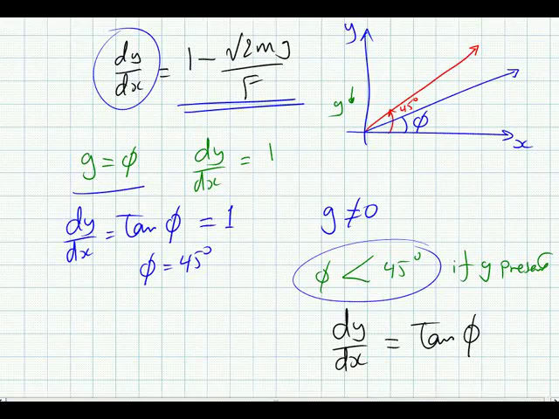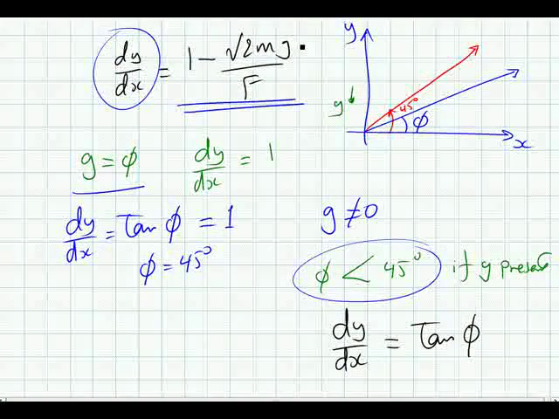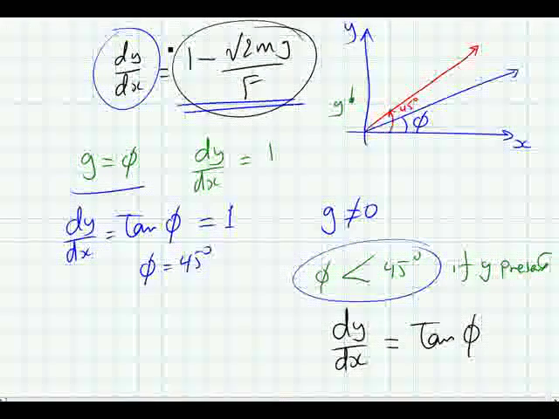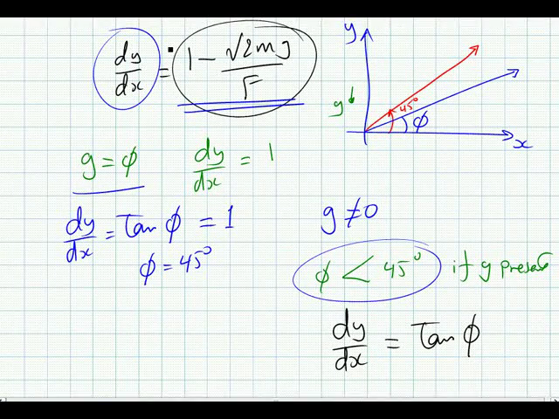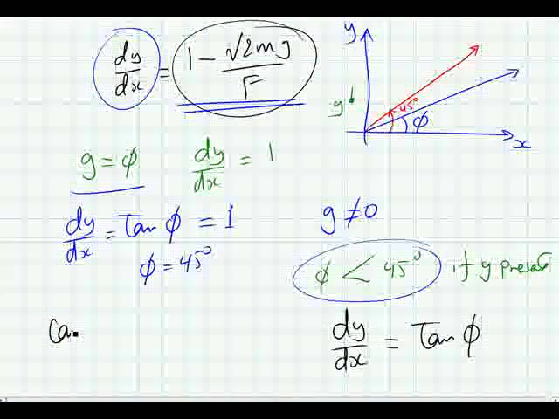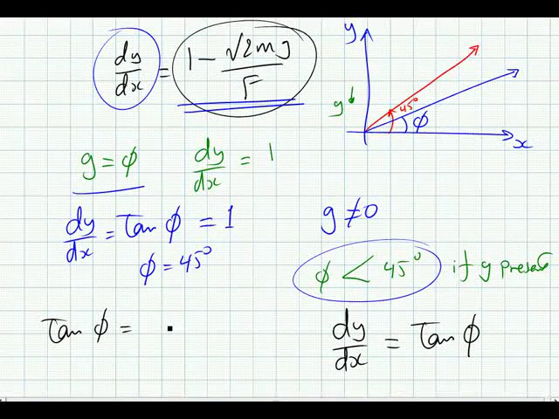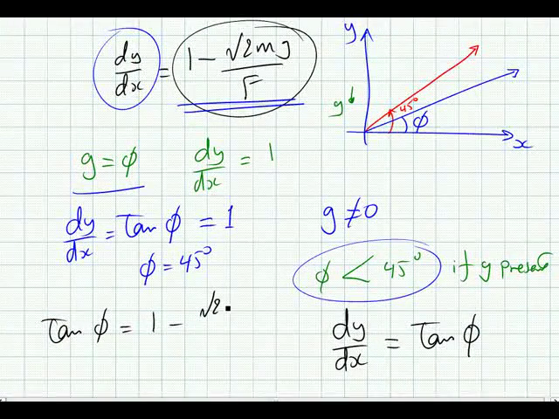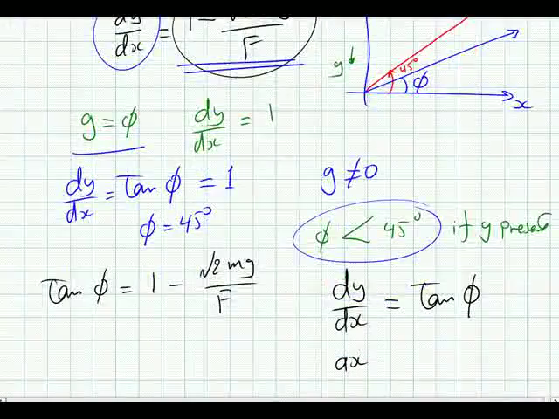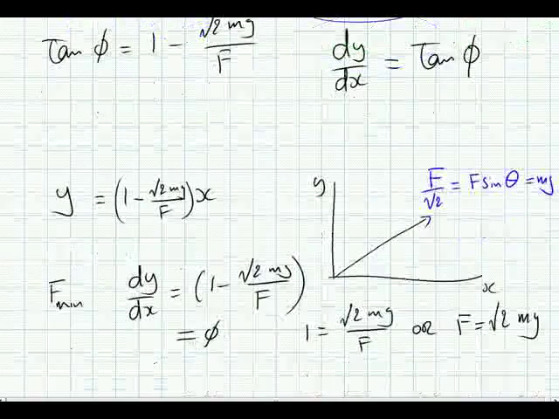And that amount can be figured out easily by analyzing this equation and equating that to tan of phi. So tan of phi would equal 1 minus root 2 mg over F.